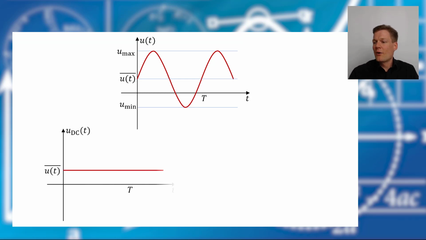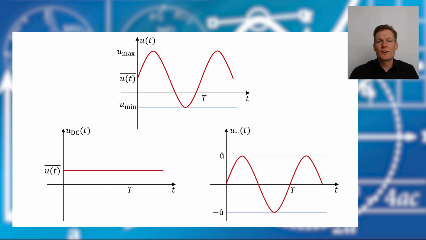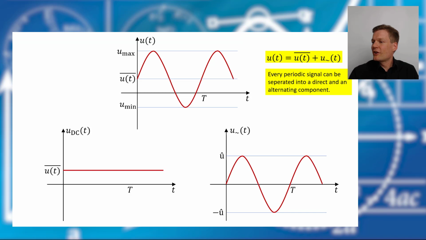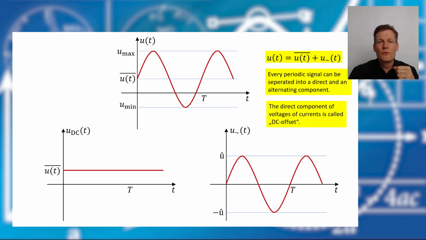We have our mean value and we have a pure sinusoidal function here. And therefore, our periodic function can be separated into a direct and an alternating component. And if we think about voltages or currents, then we have a name for this mean value, and we call it the DC offset.